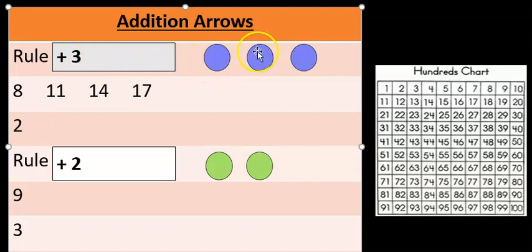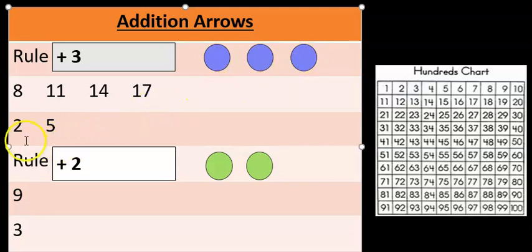And look at that, we're still going to use these blue circles to help us count now, but it's just that we were given a different number here, 2. So we're going to start from 2. You see 2 right there? That's where we're going to start now. Now watch Mr. Begay. I'm going to count from 2. 2, 3, 4, 5. So our next answer is going to be 5 there.